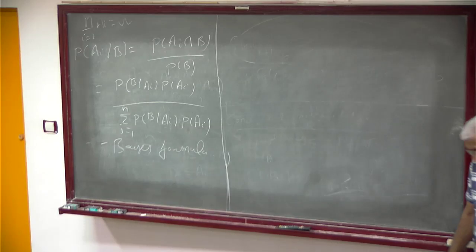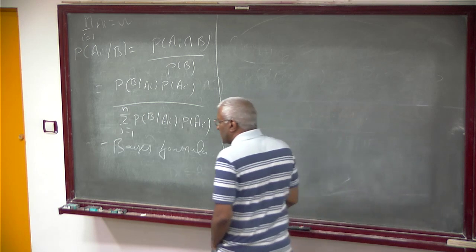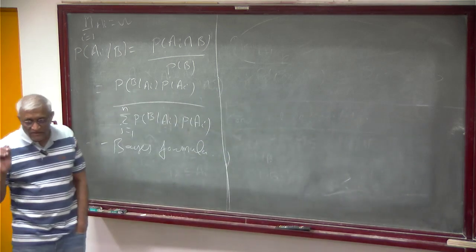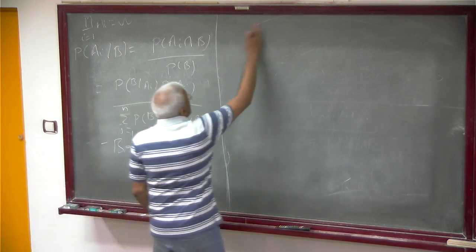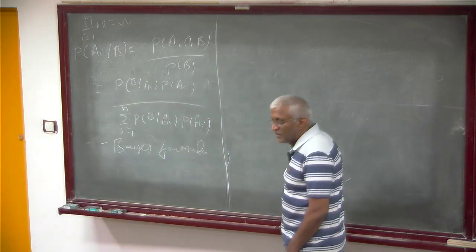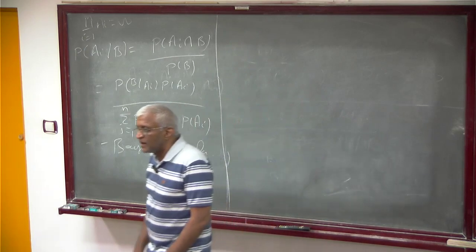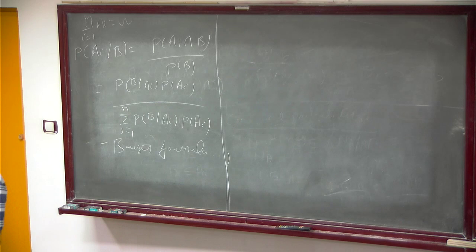How much time do we have? In the book there is something called Polya's, there are three authors for one book.